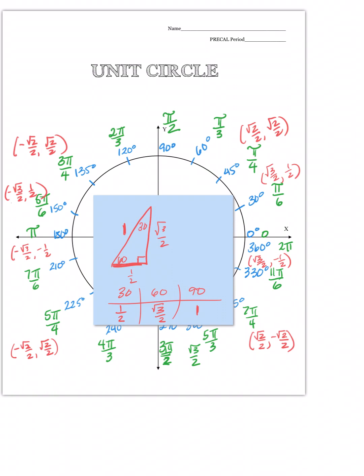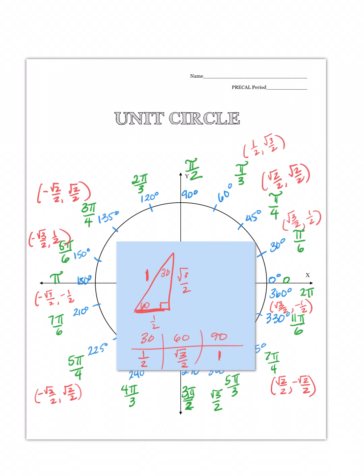Just flipped, isn't it? It's just the flip of this angle, this coordinate. Exactly. And again, we just watch our signs. Alrighty.